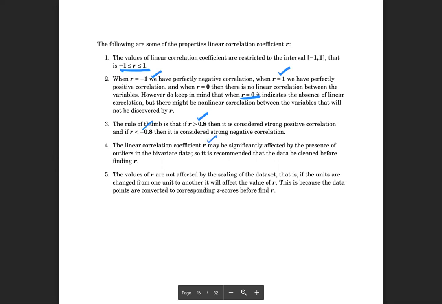Linear correlation coefficient may be significantly affected by the presence of outliers or extreme data points in the bivariate data. Bivariate is a fancy name for XY pairs, okay? So it's recommended that you clean the data before you find the R. And then the last property: R is not affected by the units, okay? It is not going to be affected by changing the units, so long as you're consistent.